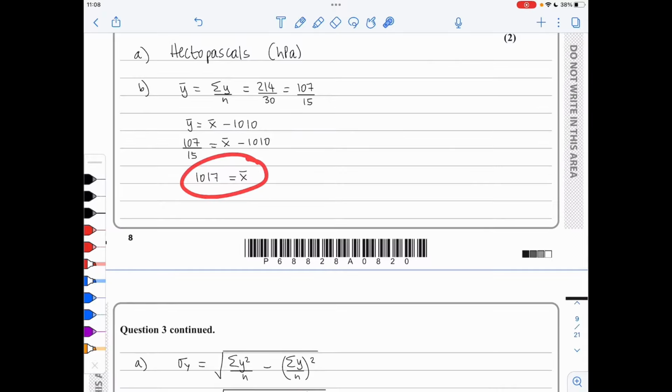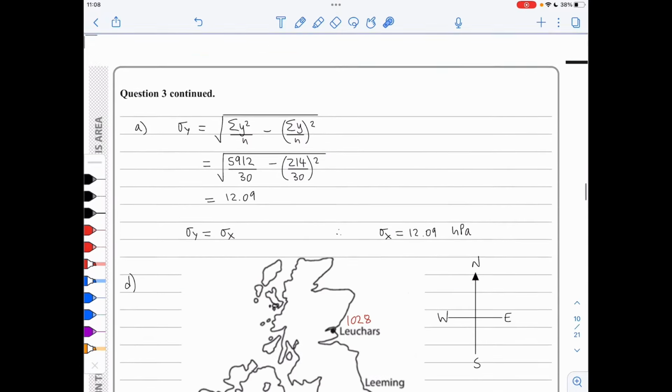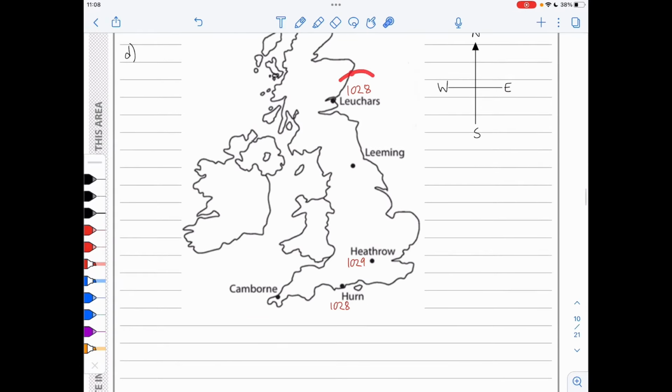This was a particular day in September, and we have already found from part B that the average for September was 1017 for Hearn. So 1017 is certainly less than these values here. So we are looking at a system of high pressure. So it means that the direction of the wind is clockwise. So we can see what's happening here by drawing a circle through the three locations. I've drawn a circle here.